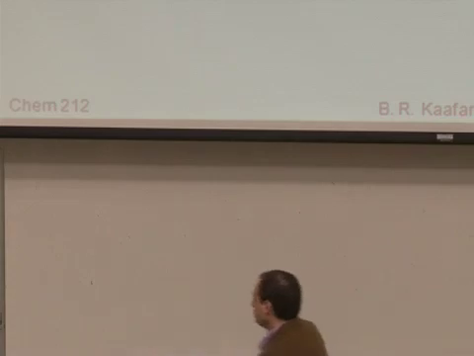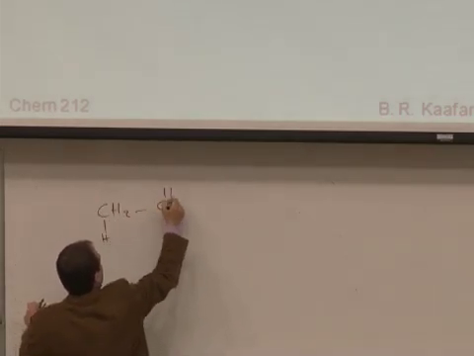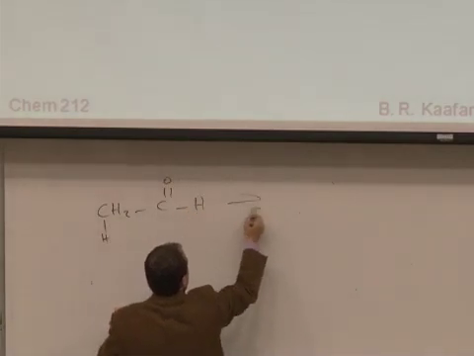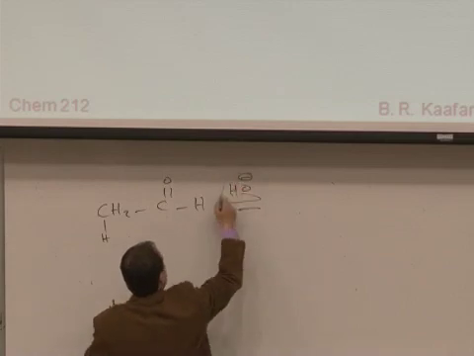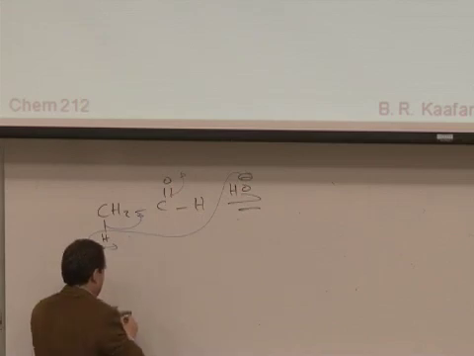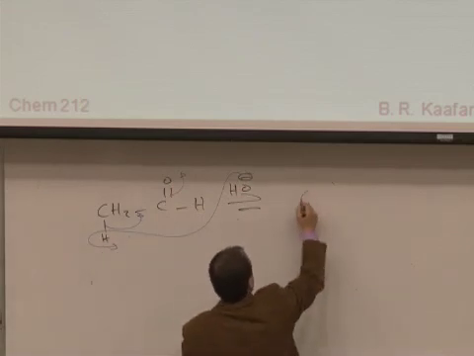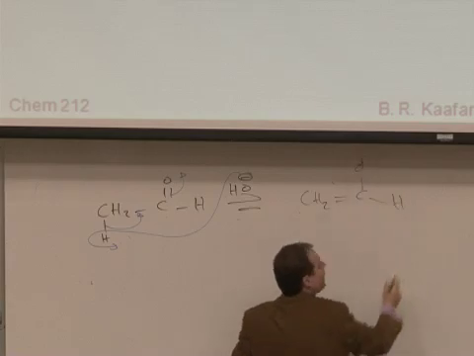Well, CH3, C double bond O, H. I'm adding a hydroxide ion. This hydroxide ion is going to take the alpha hydrogen, and you are going to form the enolate. CH2, double bond C, O minus, H.